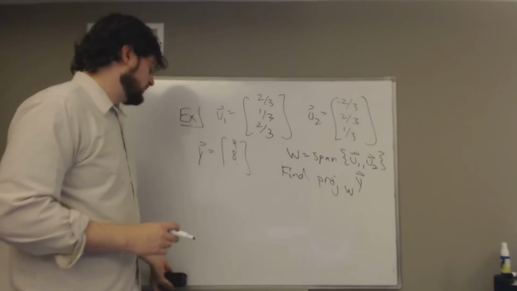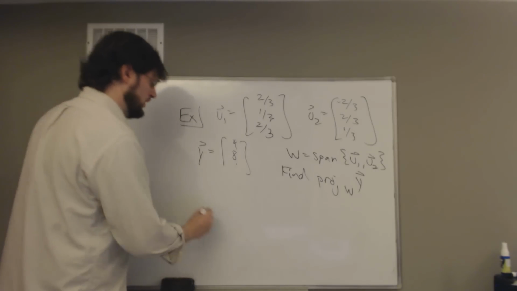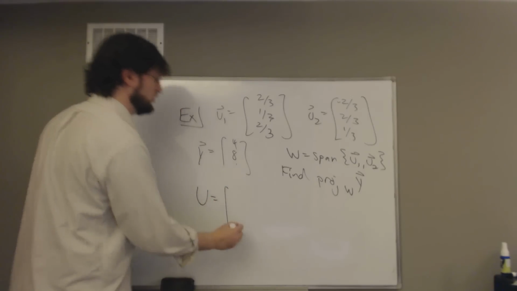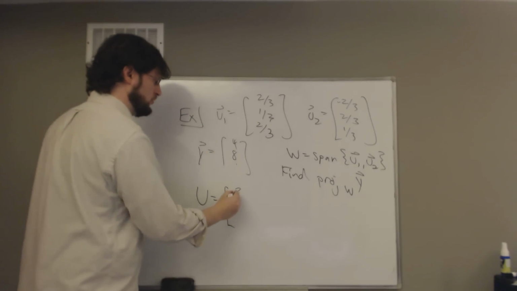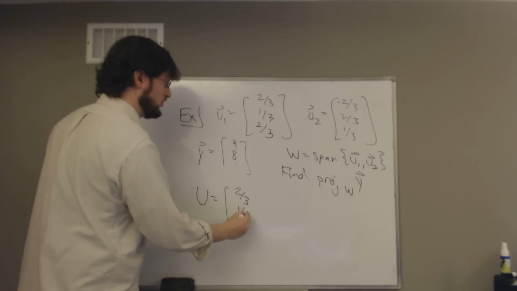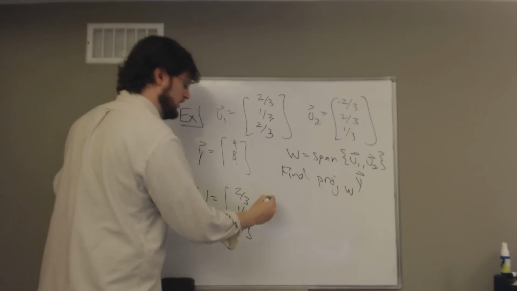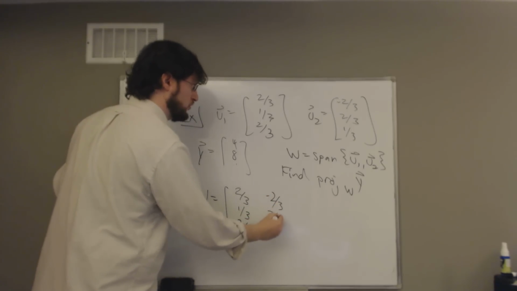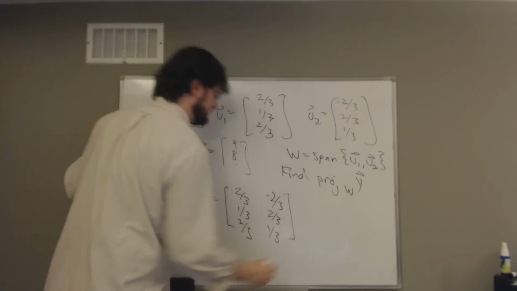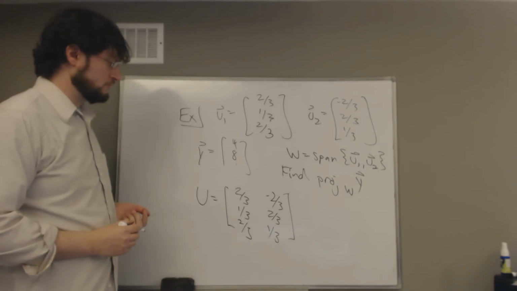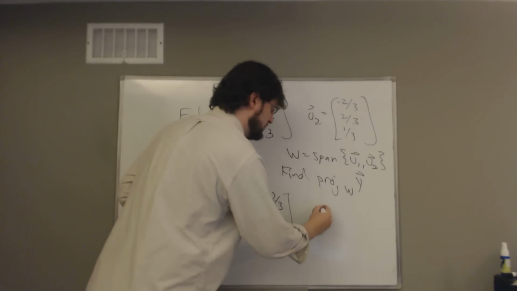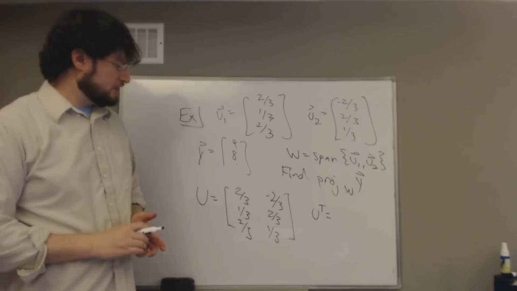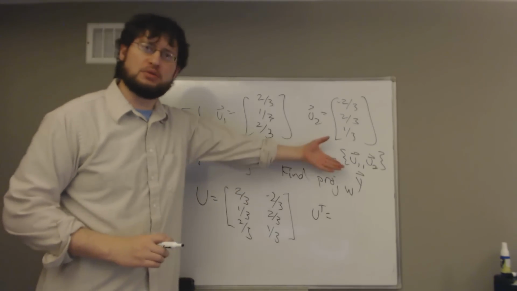find the projection of y onto W, I'm first going to make the matrix U out of U1 and U2: 2/3, 1/3, 2/3, minus 2/3, 2/3, 1/3. I'm going to look at U transpose, which, remember, really just means take columns and turn them into rows.